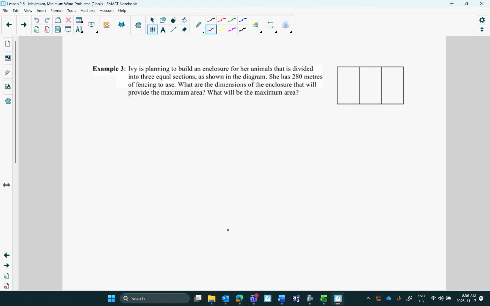First step is we need expressions for our unknowns. And in a maximum area question, the unknowns will always be width and length, and always call width x.